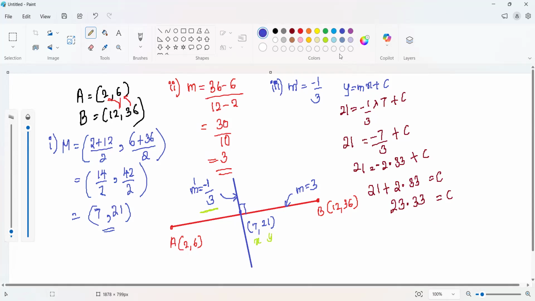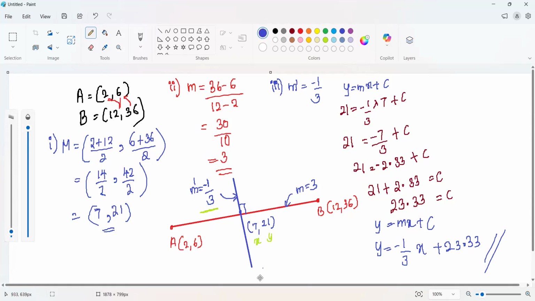So you can write the equation. What is the equation? y = mx + c. The m you found is negative 1 over 3, so y = negative 1 over 3 x plus 23.33. Otherwise, you can write it as a fraction. Clear?